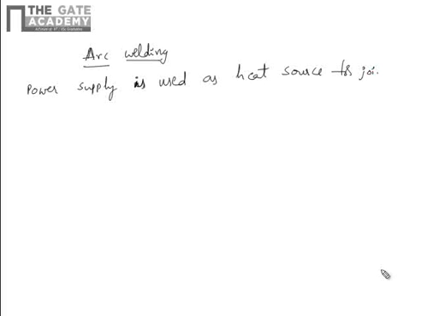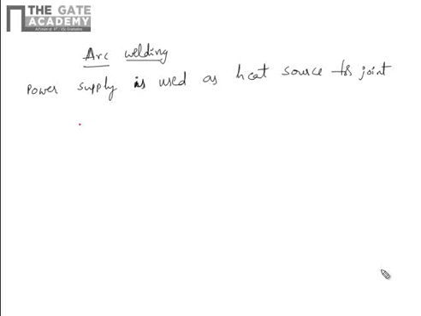That is arc welding. In arc welding again there are few types. Arc welding power supply is used as heat source for joint formation. So if there is no electrical power supply you can't do arc welding.